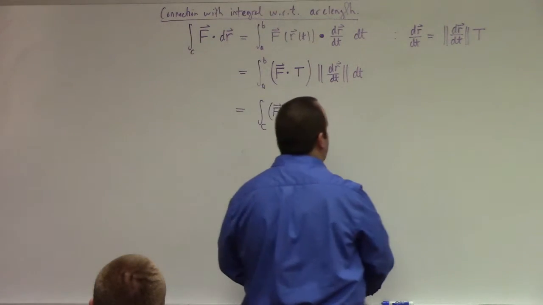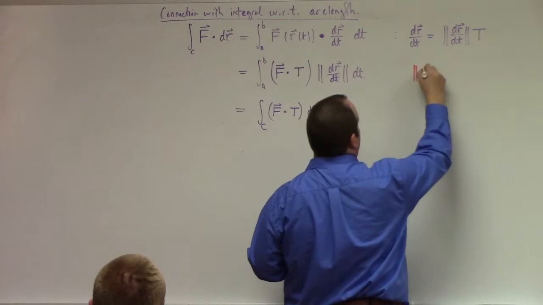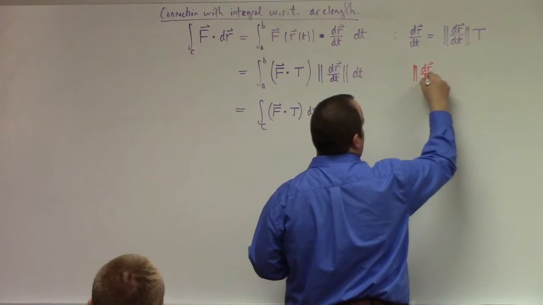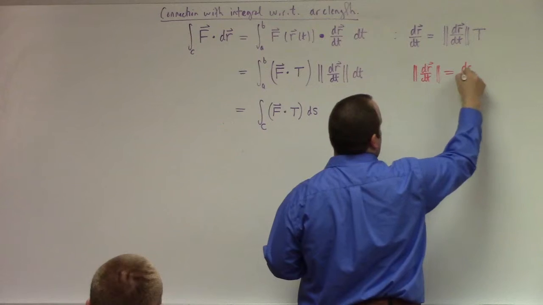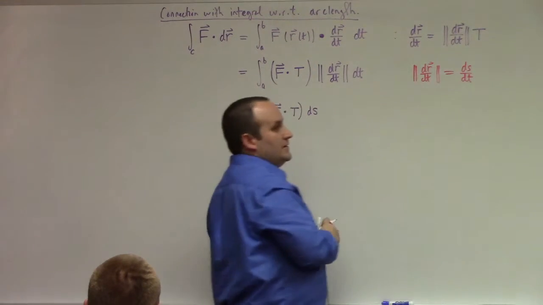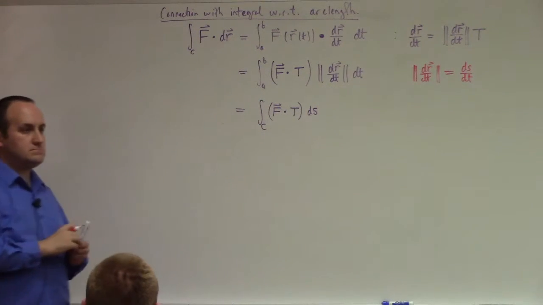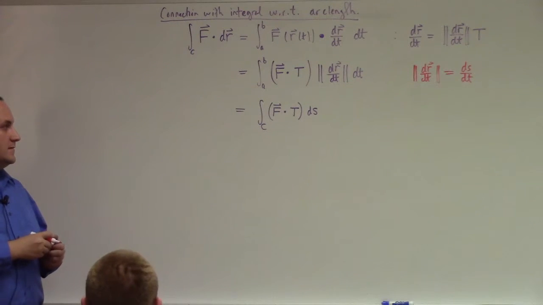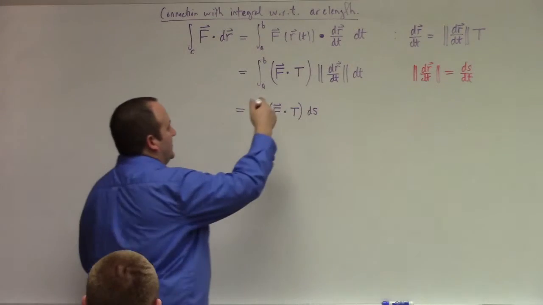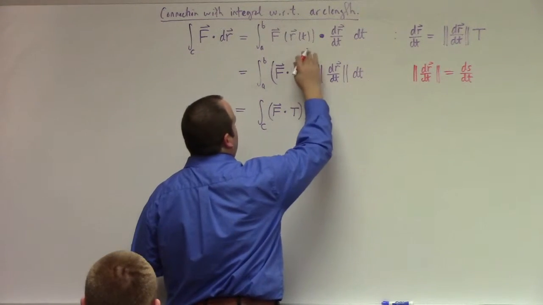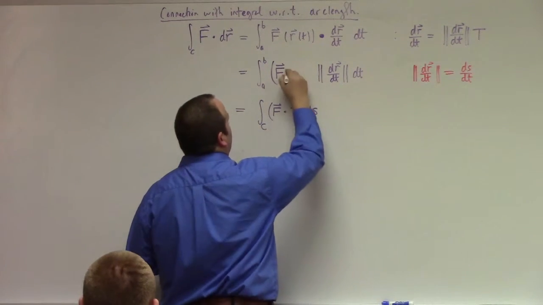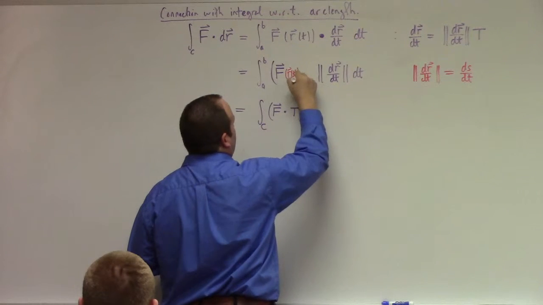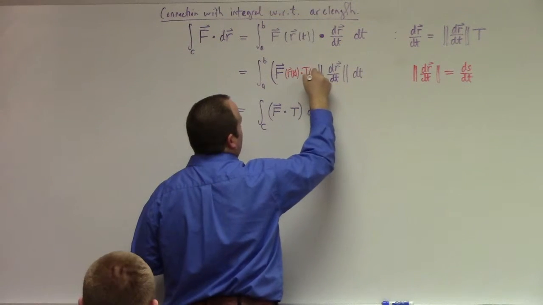We should always remember that the speed works out to what? ds dt, right? It's still a function of r of t, that hasn't changed at all. To be more technically correct here, this is f of r of t dot T of t.